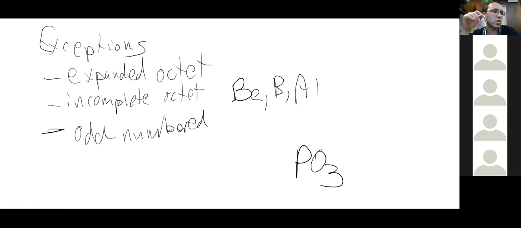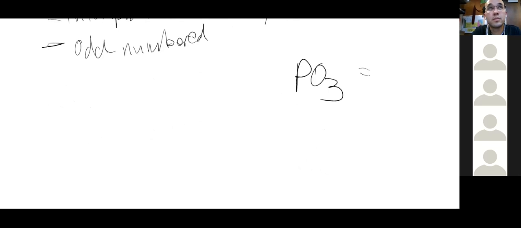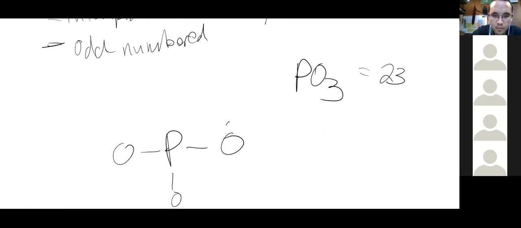What Lewis structure would you come up with for phosphorus trioxide? It has 23 valence electrons.